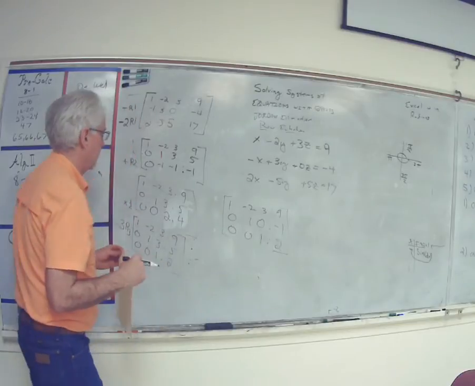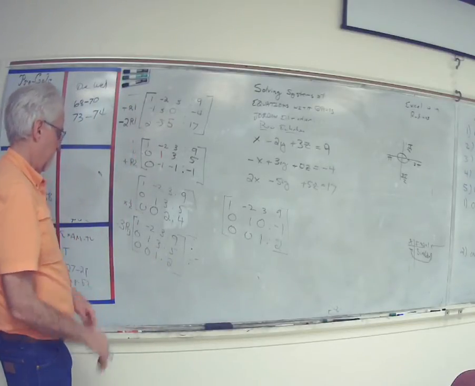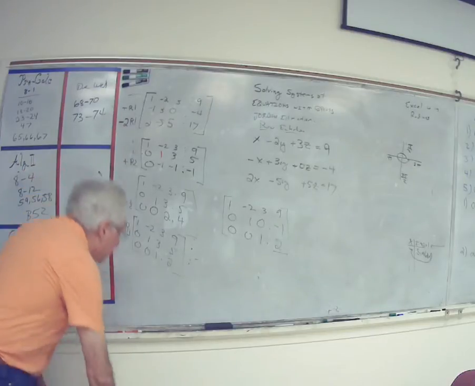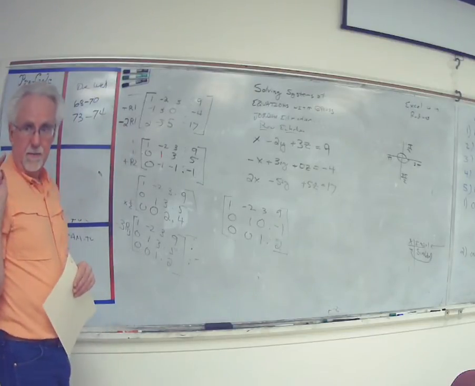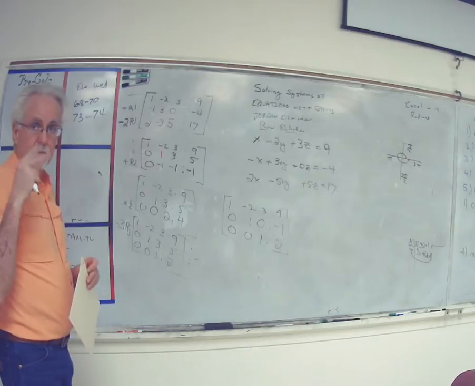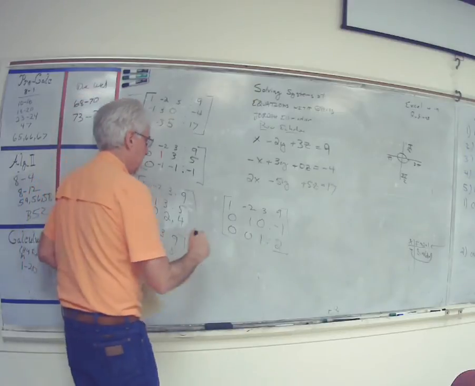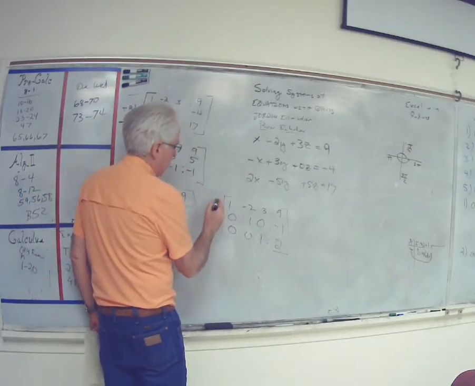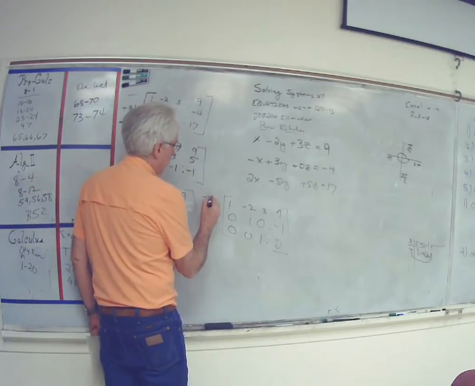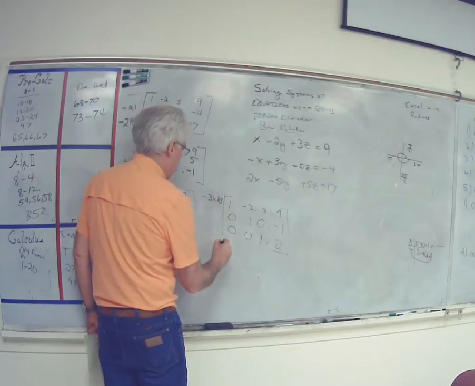You could subtract 3 times row 3 and also add 2 times row 2. You are correct. I'm going to do it in 2 steps just because I might make a mistake, but you have very good insight on that. So let's subtract 3 times row 3.